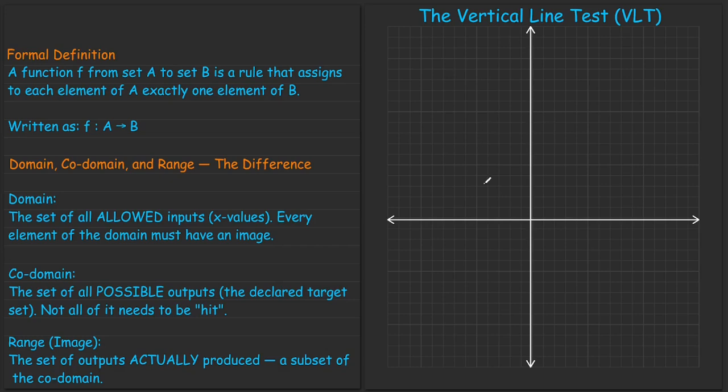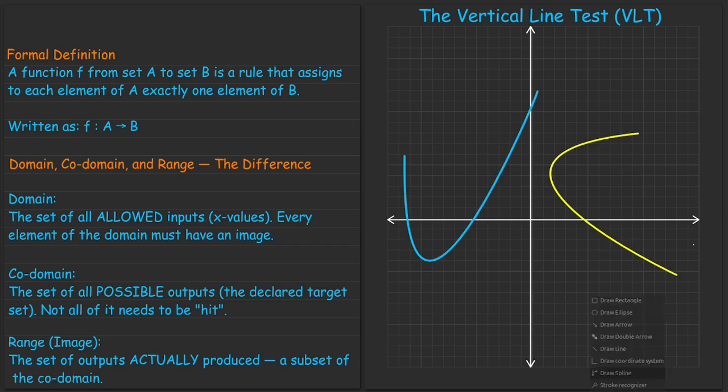So I'm going to draw two curves over here, so we use them for the test. The vertical line test says that if we have a graph, and it is possible for us to draw a vertical line that is going to touch two places on the curve, then it simply means that curve is actually not a what?